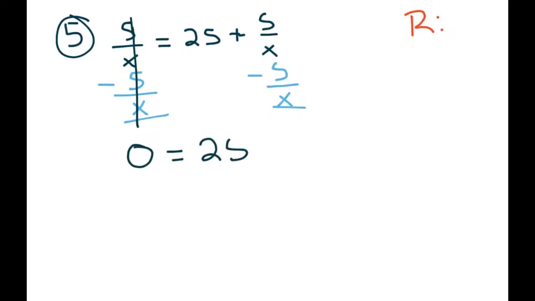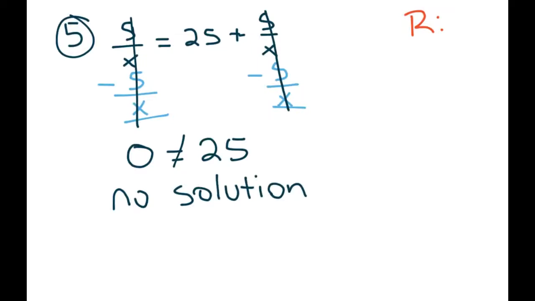Bring down my 25, and this 5 over x minus 5 over x cancels each other out. Well, I don't have a variable left. So 0 equals 25. This is not a true statement. That does not make sense. So this is what no solution looks like. When you lose your variable and there's nothing that makes sense at the end.